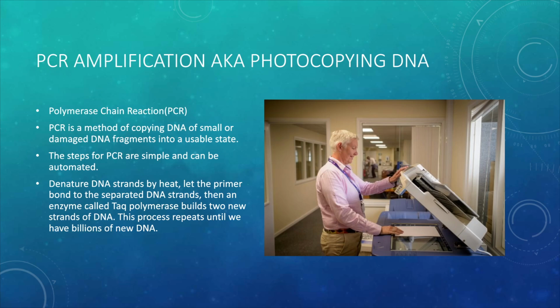Then you would let it simmer. The primers would bond to the separated DNA strands, and there are enough nucleotides for it to start replicating. You also have an enzyme in there called Taq polymerase, which builds a new strand of DNA. After this completes, you just repeat the process over and over again, so you can have billions of DNA copies that are then suitable for DNA testing.